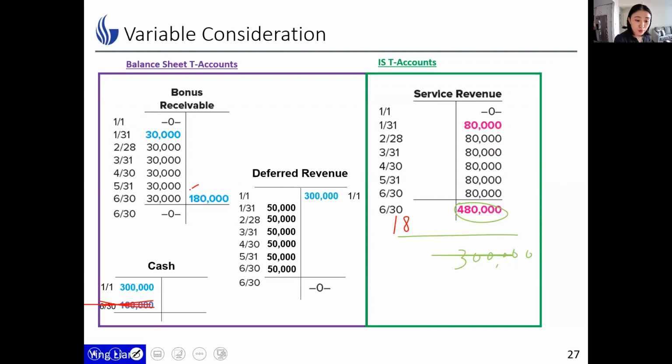But we still have to reduce this bonus receivable account because before, on the left-hand side, we have a total of 180, and that is not true. We don't have any receivable. So we have to do a counter entry, which is literally writing something on the right-hand side, credit it. Eventually, it has to come down to 0.